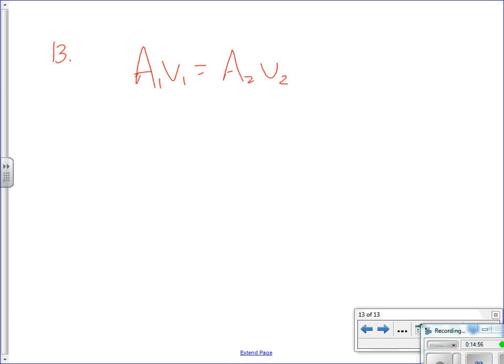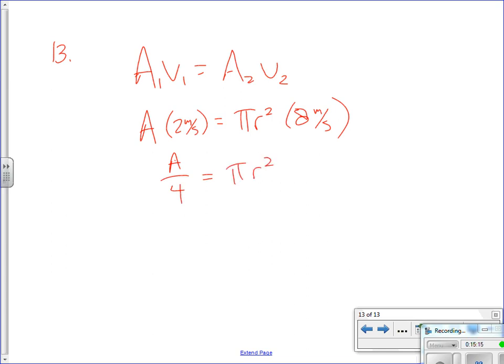A times 2 meters per second is pi r squared times 8 meters per second. Or A over 4 is pi r squared. Answer A.